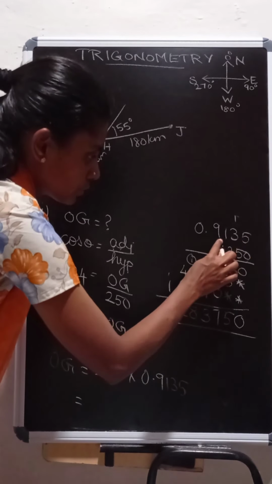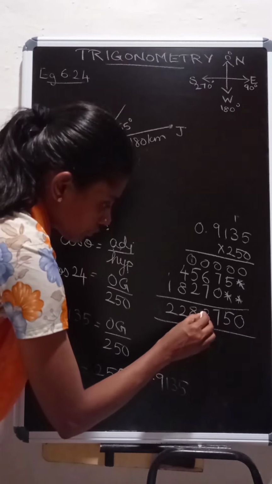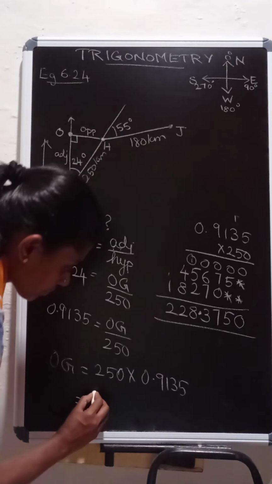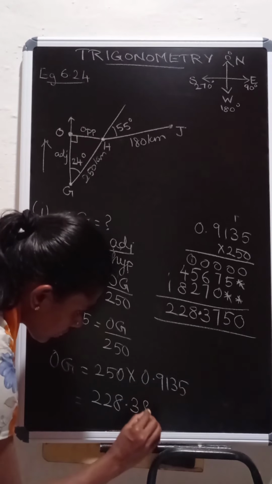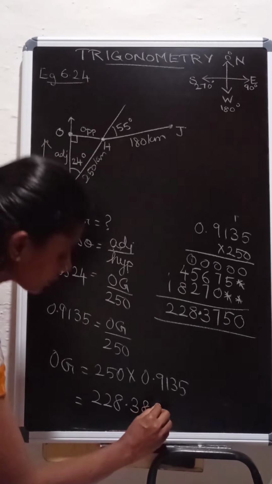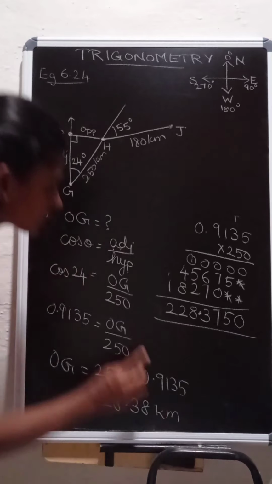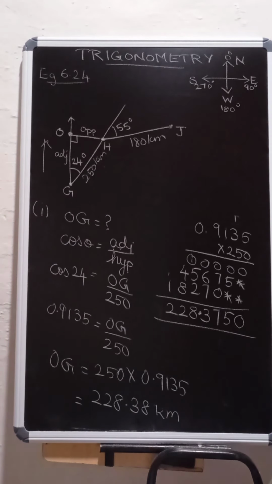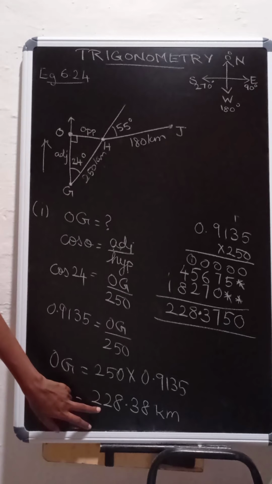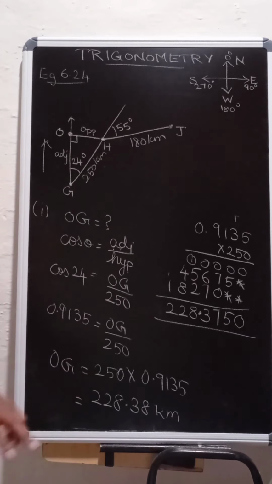So after 1 2 3 4 digits you keep the point. 228.38 kilometers. Here they have given kilometers, so we will write kilometers, the same unit. So how far is H to the north of G? 228.38 kilometers.